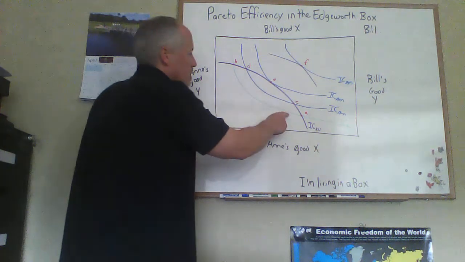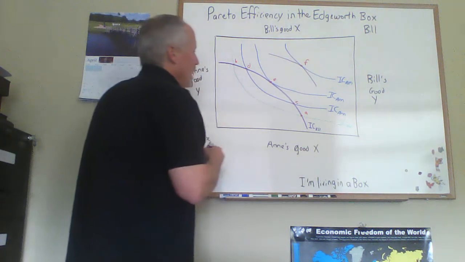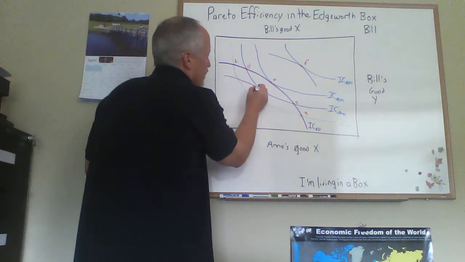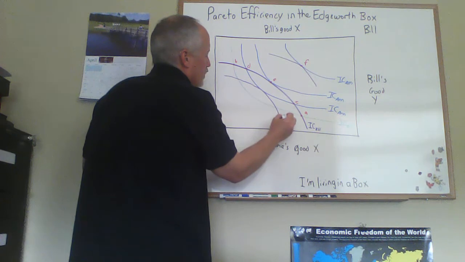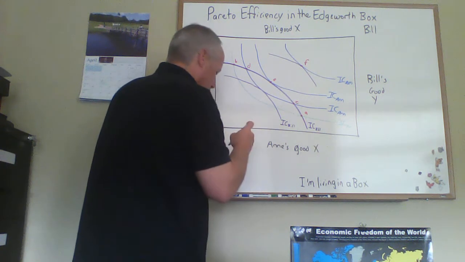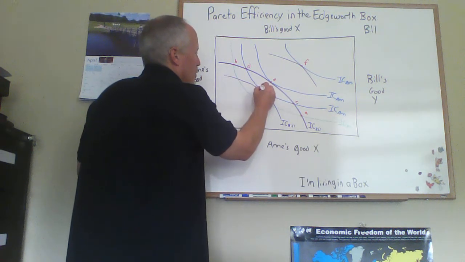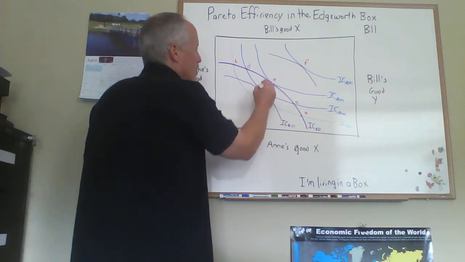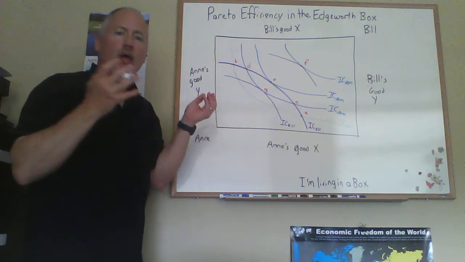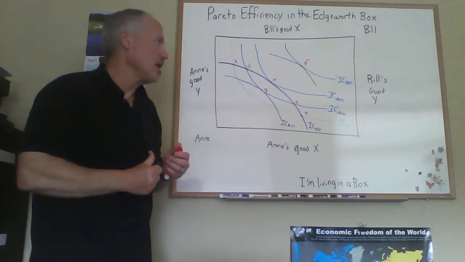So if we came down here to this level of utility for Ann, and then drew in an indifference curve for Bill that's just tangent, we'd have another Pareto efficient point here. So G, which is the tangency point of these two indifference curves, would also have to be Pareto efficient. So there's a whole bunch of Pareto optimal points in the Edgeworth box.